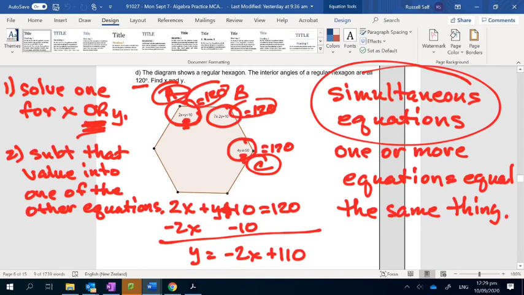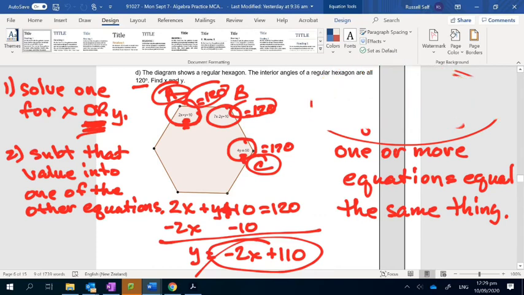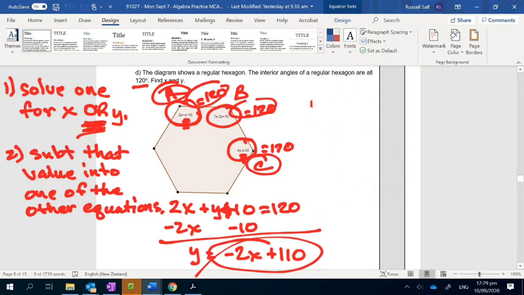Minus 2x. There you go. Wait, why is it minus? Because you put it on the other side. Because I subtracted positive 2x, took it away from both sides. Oh, right. Okay. Now I can put this value in. So what does y equal again, guys?